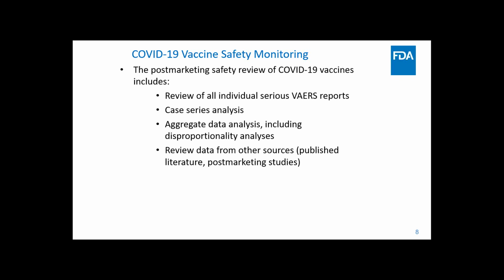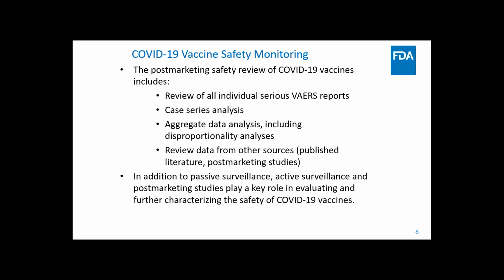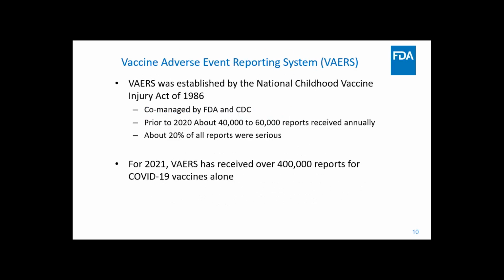And we also review data from other sources, published literature, and post-marketing studies. In addition to the passive surveillance I've described with VAERS, there's active surveillance, and these post-marketing studies play a key role in evaluating and further characterizing the safety of the COVID-19 vaccines. Next slide, please.